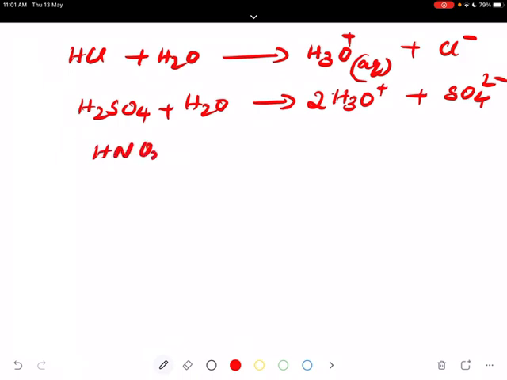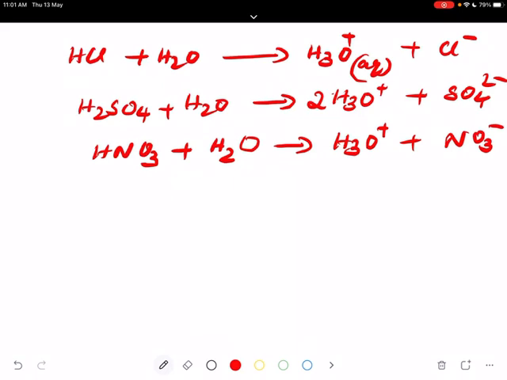HNO3 plus H2O gives H3O plus and NO3 minus. So what is common in them? H plus ions are common in acids.